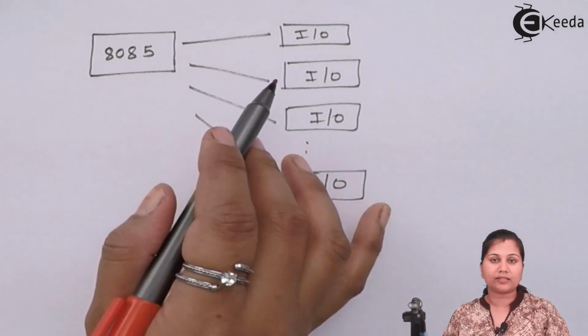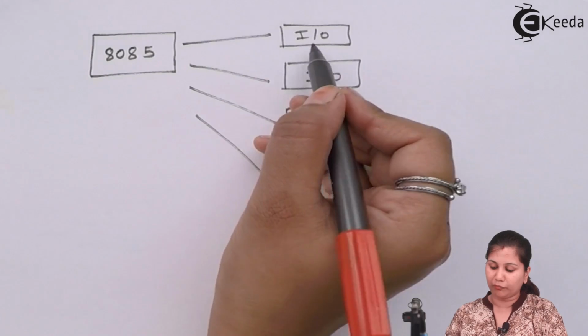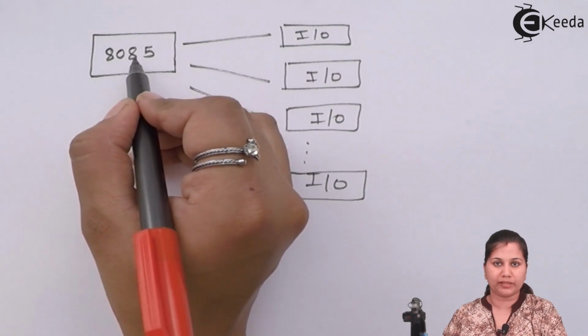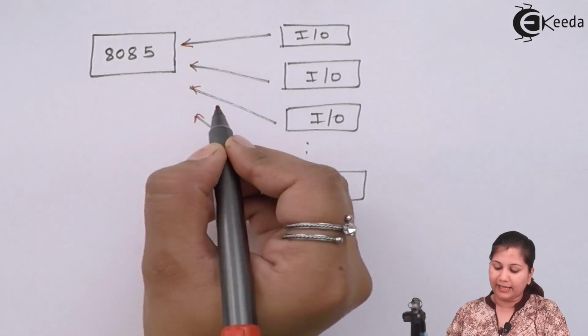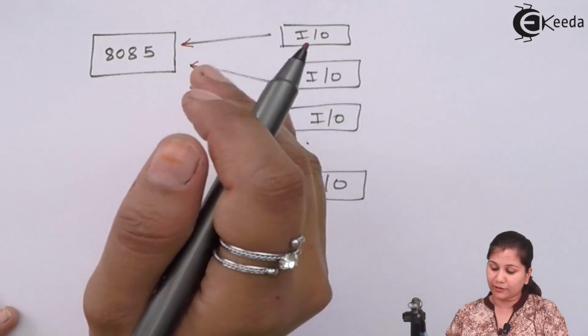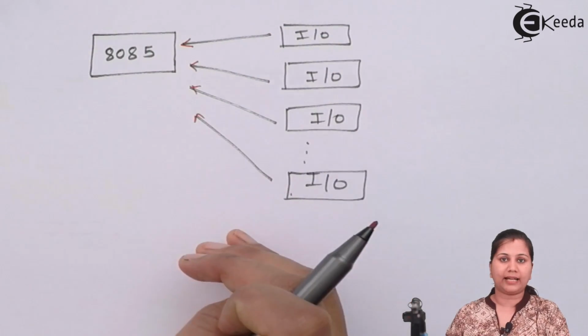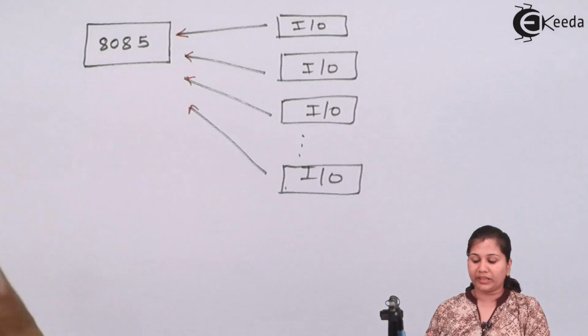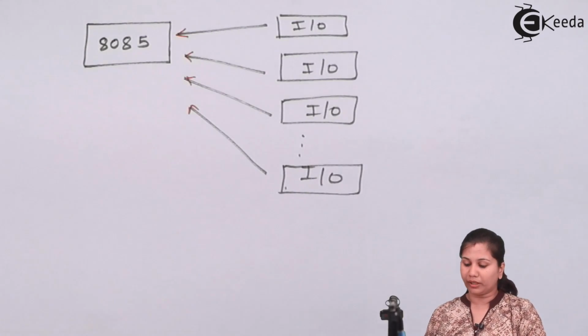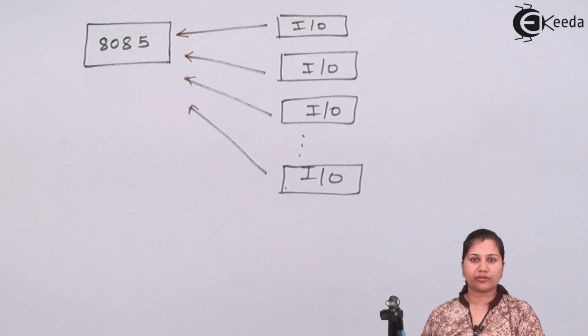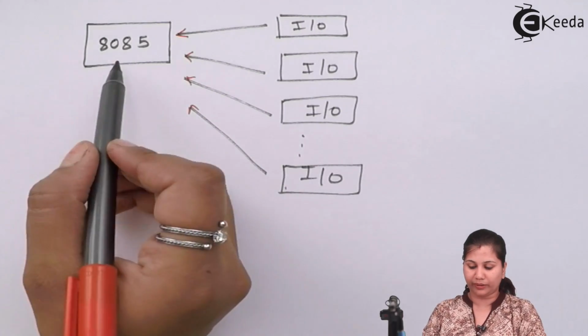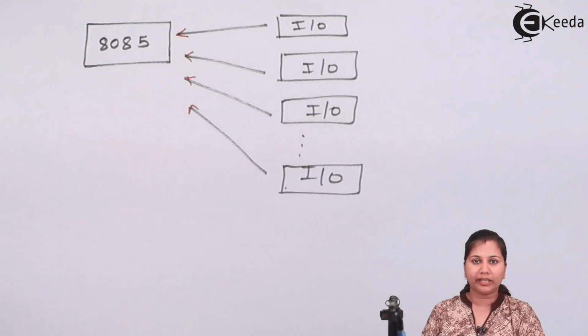Now this data transfer will take place when every input output device sends an interrupt signal to the 8085, and then the 8085 has to check the priority. So when these input output devices want to communicate with the 8085, they are going to send an interrupt request to it, saying that I want to communicate with you, or I want to transfer the data to you.